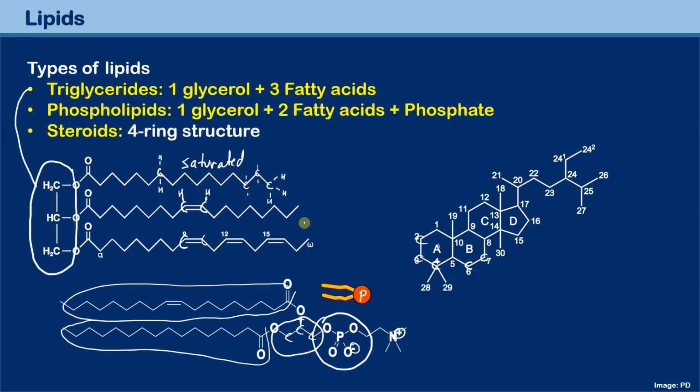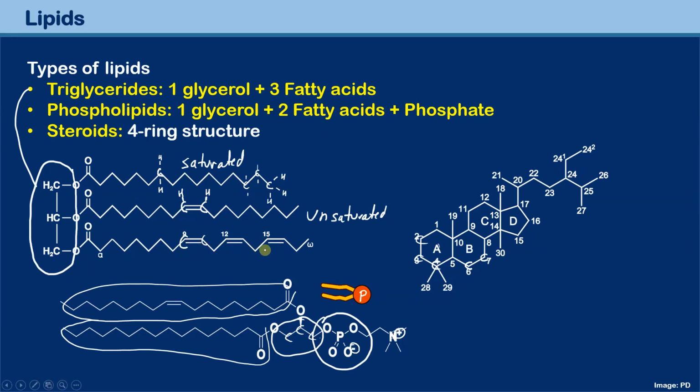So this one is an unsaturated fatty acid. As a matter of fact, because it has only 1 double bond, it's called a monounsaturated fatty acid, this one over here. And this one down here is a polyunsaturated fatty acid because it has several double bonds.